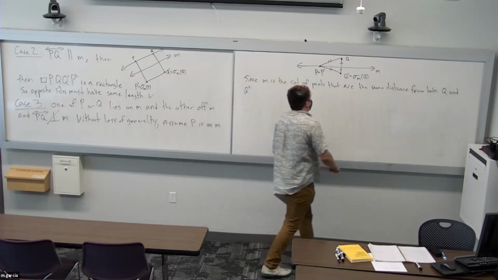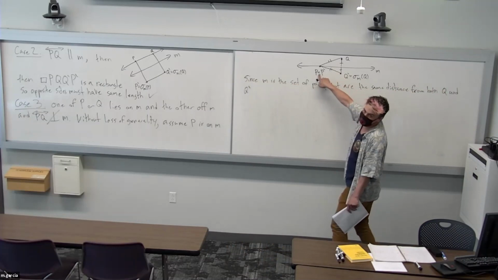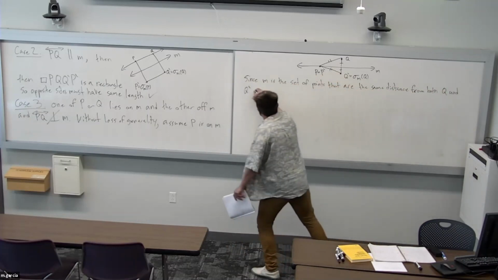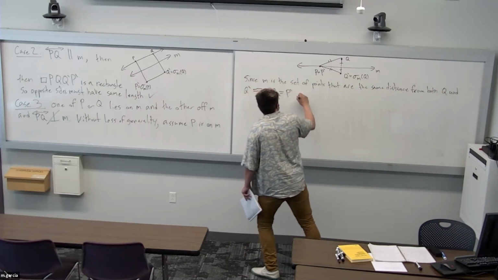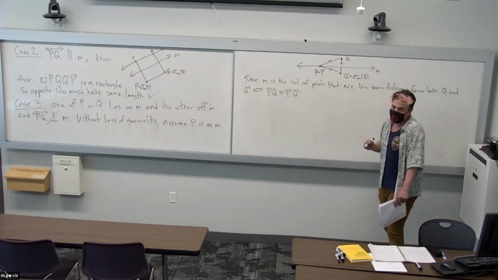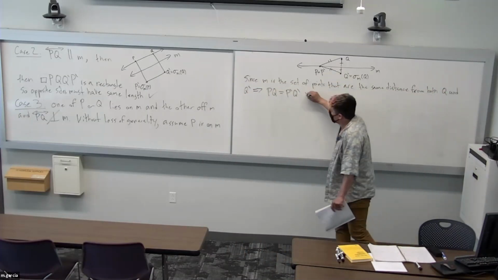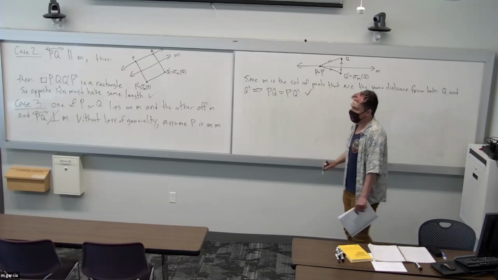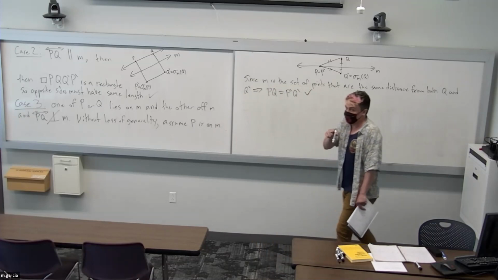Right? We don't even have to appeal to triangles if we use that fact, because they're equidistant to P, which in this case is equal to P prime. Okay? Moving right along. Now let's go to case 4.